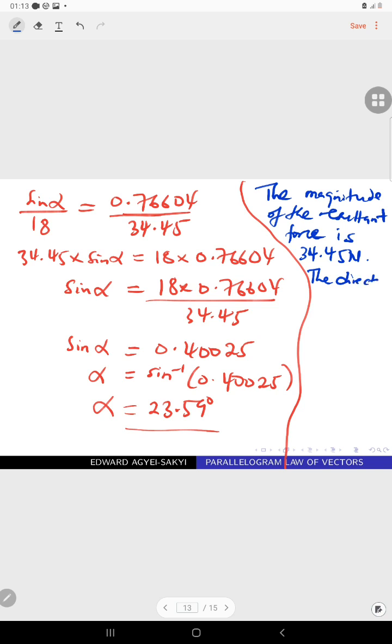The direction is 23.59 degrees with the 20 newtons force.